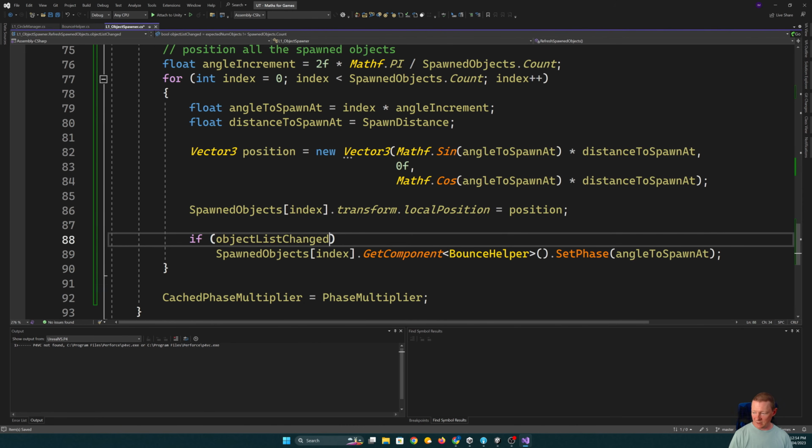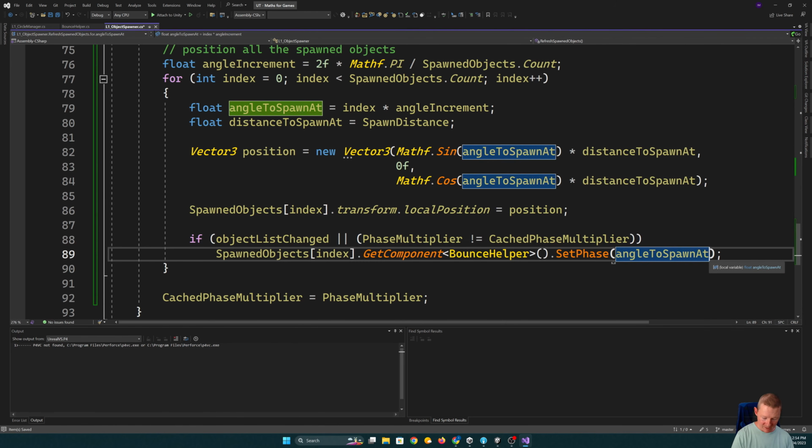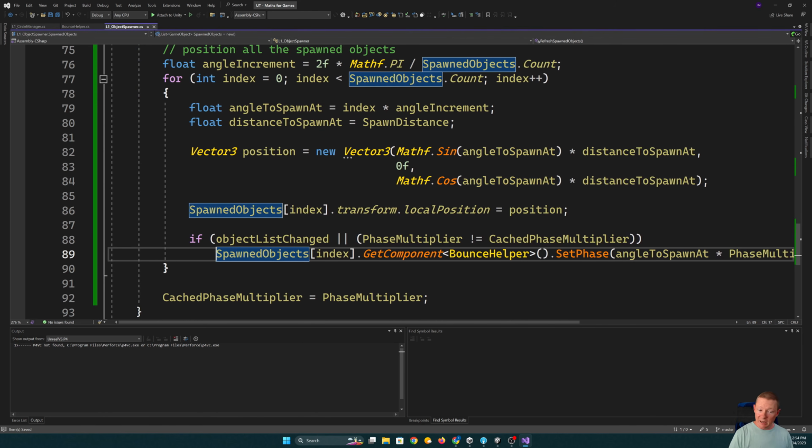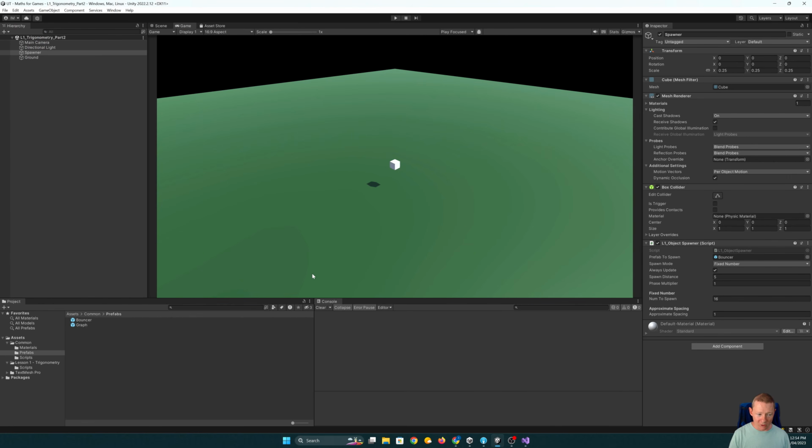So if the object list has changed, we want to update stuff, or if phase multiplier is not equal to the cached version. And we do that by phase multiplier. So now we can have them be scaled up to be appearing at quite different phases. So not just being that smooth rotation.